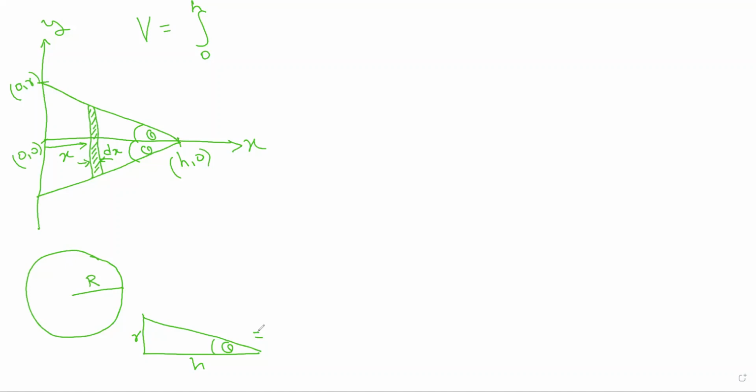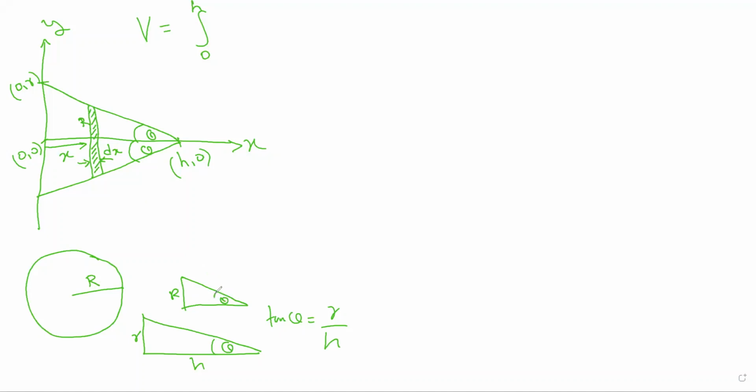Then I can write the equation for tan theta. Tan theta is equal to R over h. Similarly, I can write the equation for this distance. This distance is r actually, because this r represents this distance.